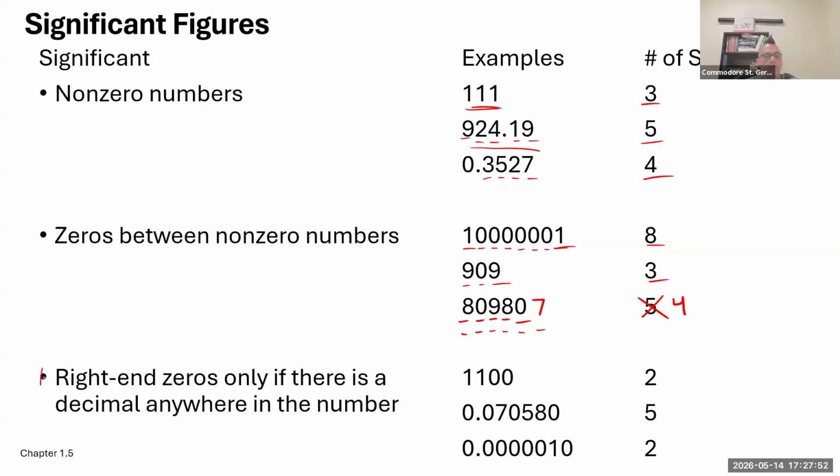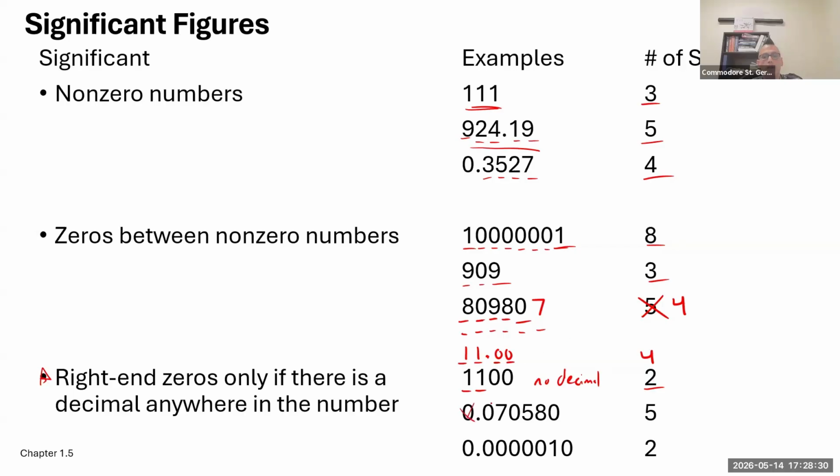All right, this other rule, right end zeros, only if there is a decimal anywhere in the number, right? Okay, so non-zeros, we have 2. These are right end zeros, but no decimal, right? So that's going to be 2. Let's do another example. What if it was 11.00? Since there is a decimal, it's going to be 1, 2, 3, and 4.